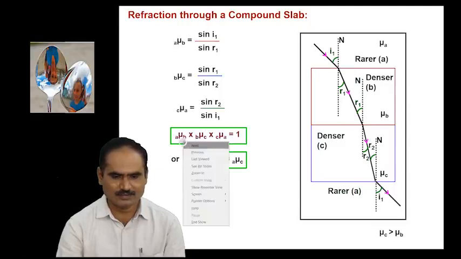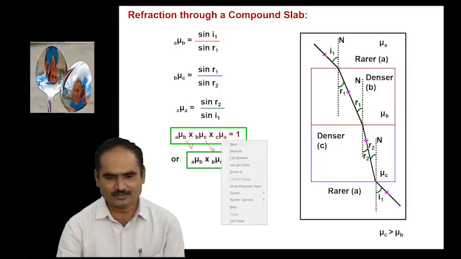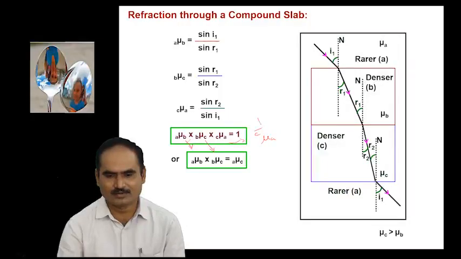You can see that this is the same, and C with respect to B, this is also the same. Right? This one you are taking to the other side, that is mu A with respect to C in this manner.